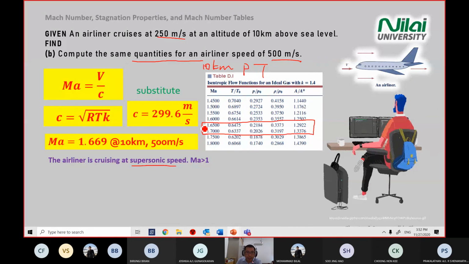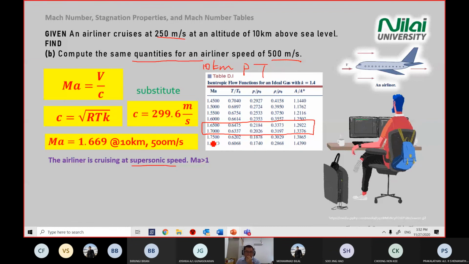Again, you need to be familiar with table D.1. It's a very big chart. Go and look into the handouts, page number 6. If you are not familiar, you will be confused when it comes to the exam, even though you look at my slide, because there are so many numbers that you need to look at. And this one is just a very small portion I extracted from that table.